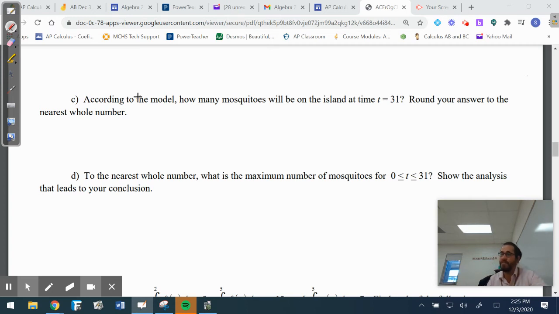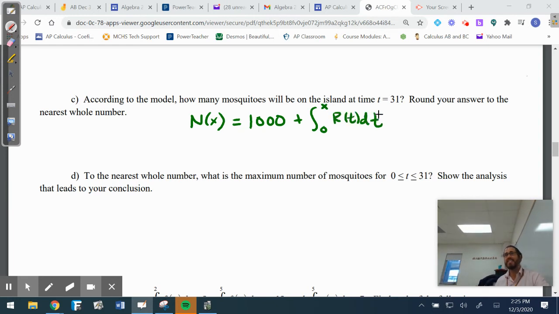Now, the one thing you have to be very careful about is we start this problem with so many mosquitoes on the island. All right, so I'm going to create a function here, that would be n of x, because I'm going to use the same variable that we use in our answer key that's on my website. All right, we start with 1,000 mosquitoes, and then I'm going to add to that the integral from 0 to x of R of t dt.